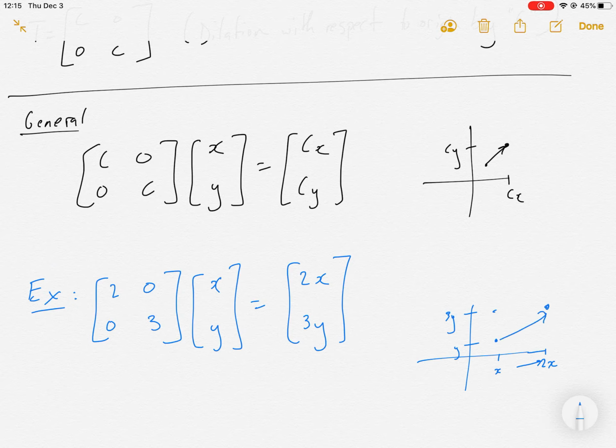So my new point would end up kind of being over there. If you were thinking about a widescreen TV or something, this might be almost the opposite of a widescreen TV. You're taking your regular picture and you're stretching it vertically more than you're stretching it horizontally. So people might look super, super tall compared to what they're supposed to look like on your TV.